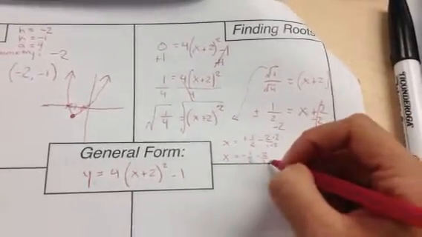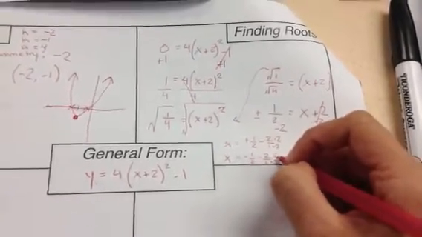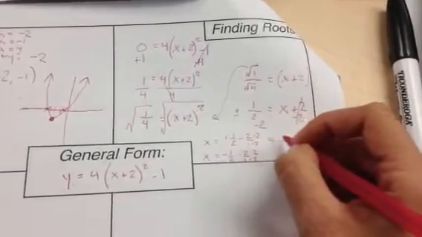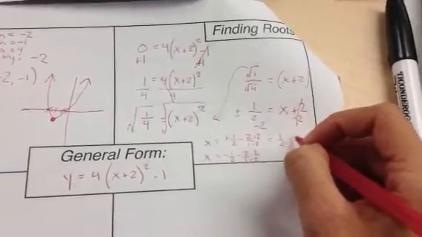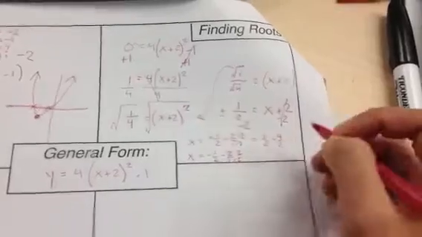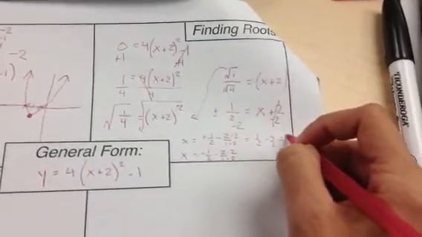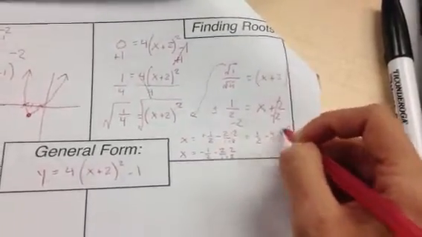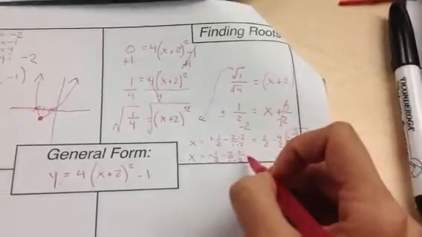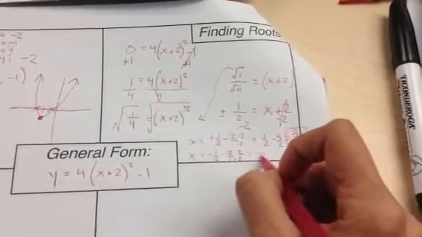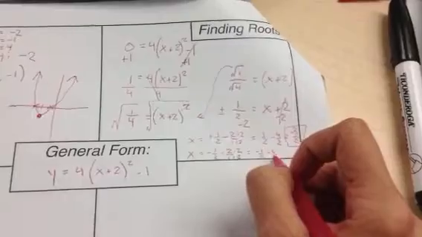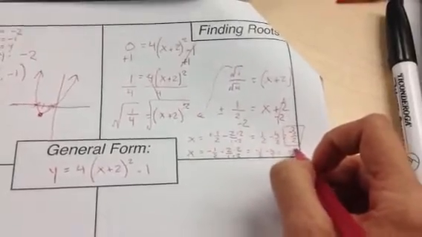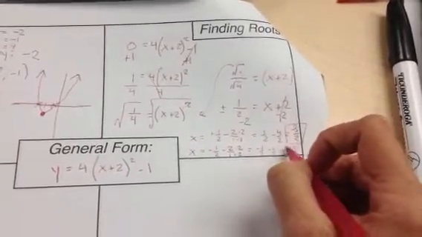I need my denominators to be the same. So this is going to be 1/2 minus 4 over 2. So this gives me a negative 3 over 2. That's one of my solutions. And this is going to be a negative 1/2 minus 4 over 2. That's going to give me a negative 5 over 2.